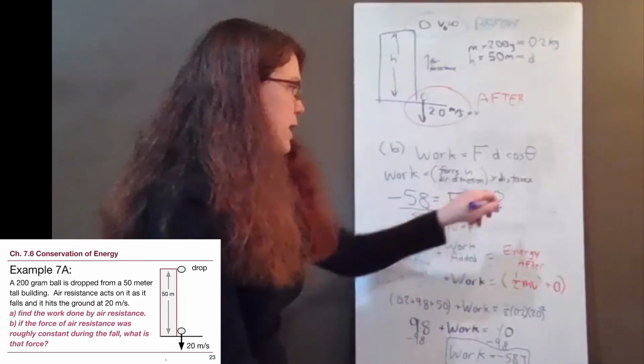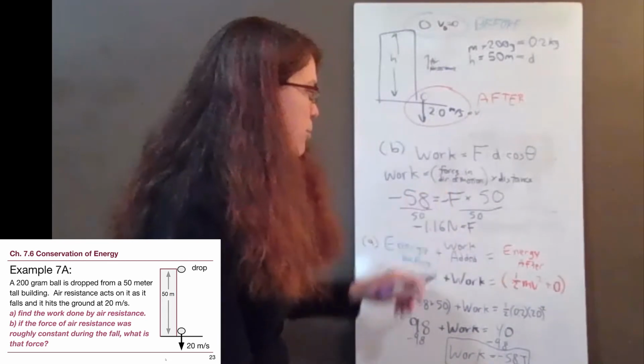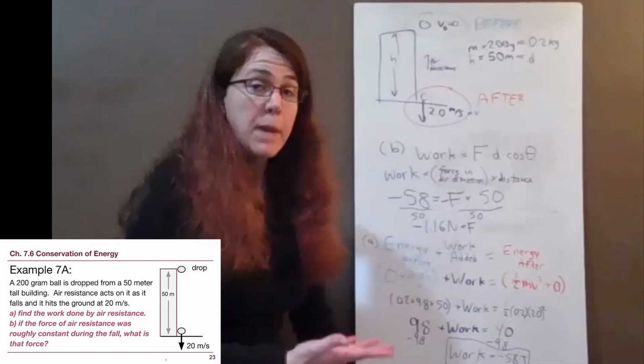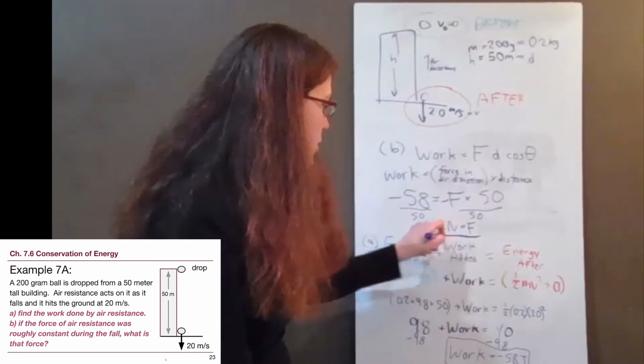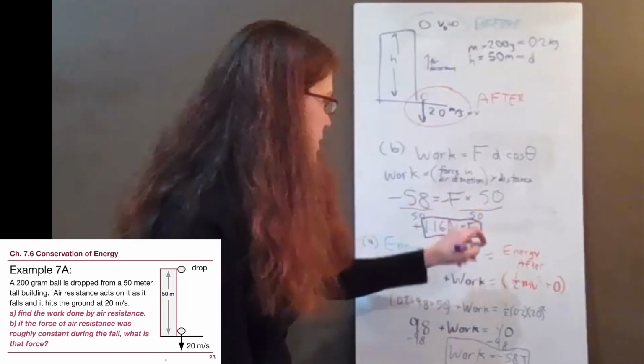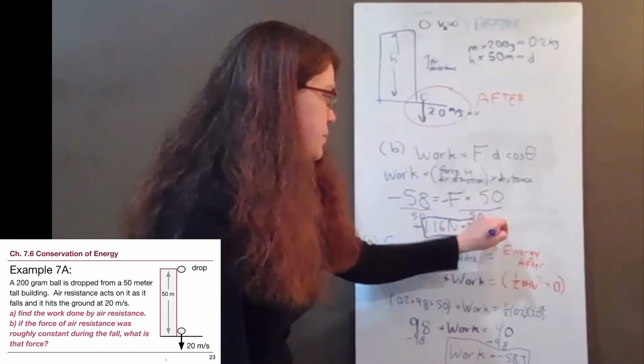And I should clarify, that force is opposite the motion, and so the negative number of the force, the amount, is what we're getting here. And so we end up with a value of 1.16 newtons acting against the motion.